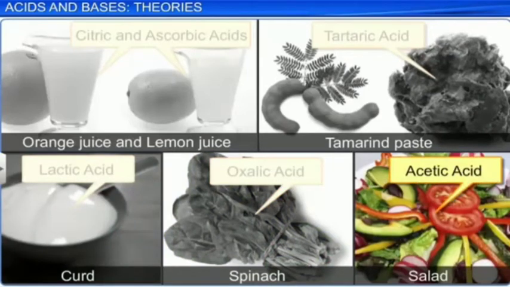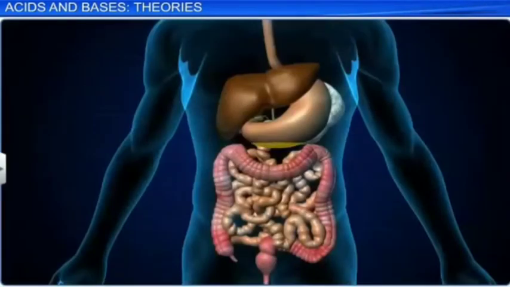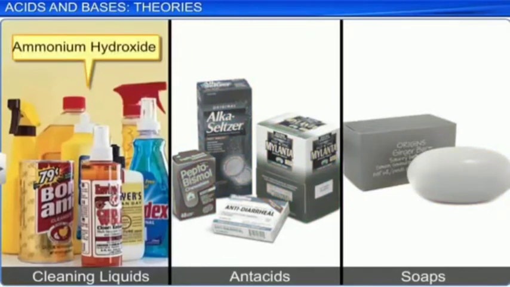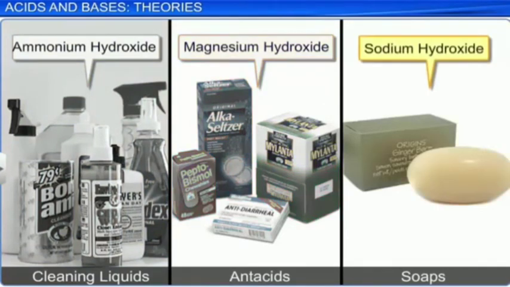It is amazing that HCl is produced in our body and helps in digestion. Bases used in our daily life include ammonium hydroxide in cleaning liquids, magnesium hydroxide as antacid, and sodium hydroxide in the manufacturing of soap.